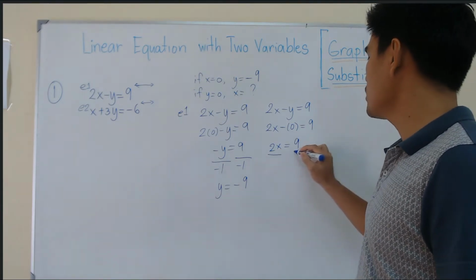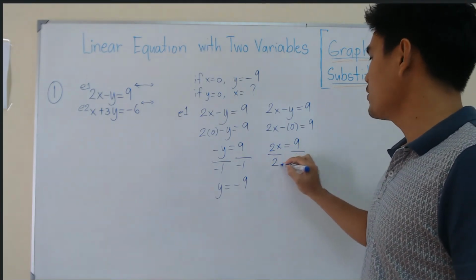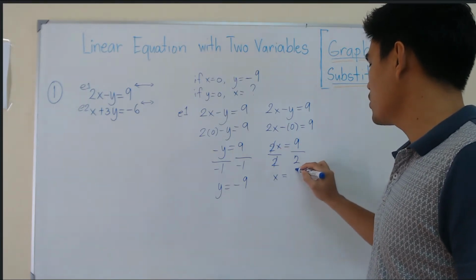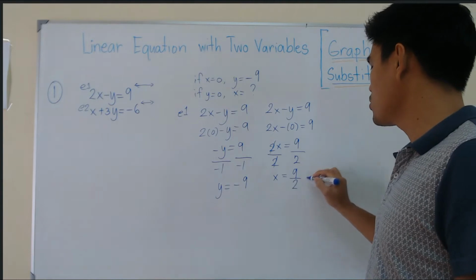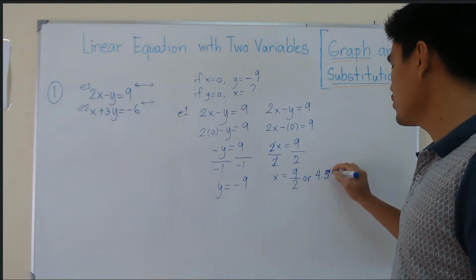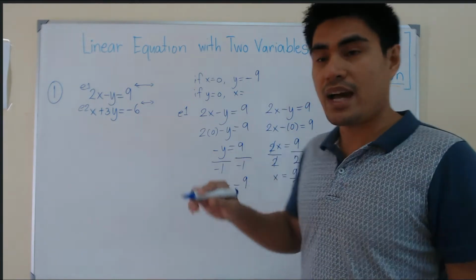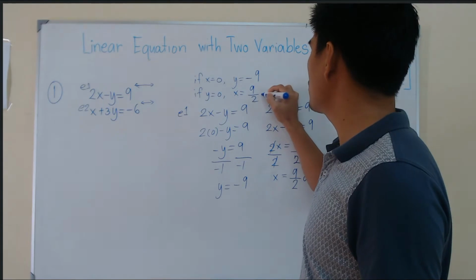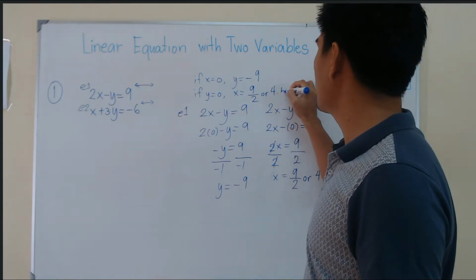And then we will isolate x. We will divide by 2. So we have x is equal to 9 over 2 or 4.5.